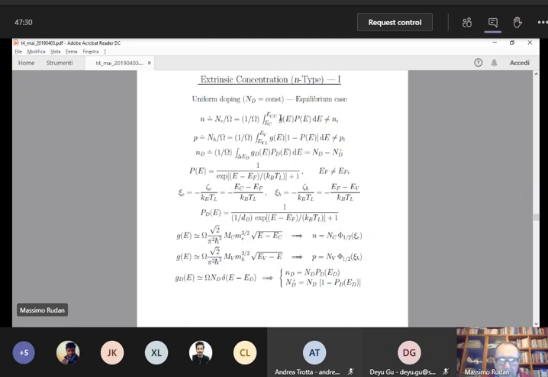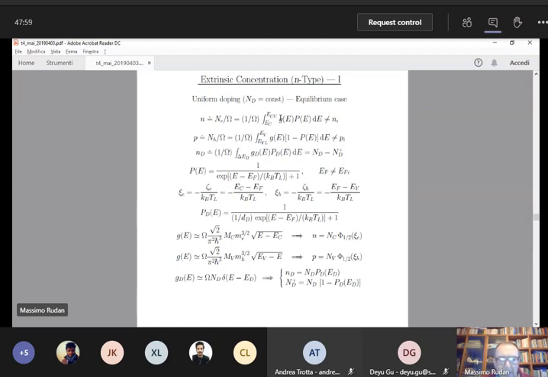But then we have an additional calculation to perform, the calculation of the population of the donor states, okay? So again, we have to use the Fermi statistics, but the Fermi statistics for the states introduced by the dopants is slightly different from the Fermi statistics used in the bands.